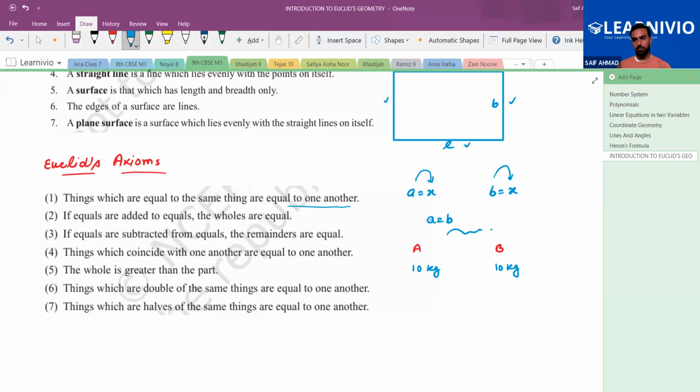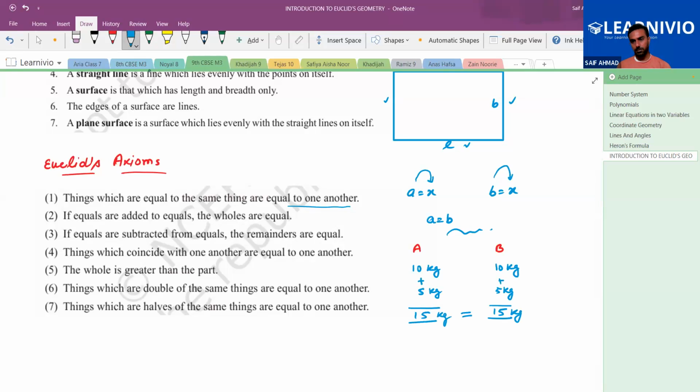Both gain 5 kilogram, or if we add 5 kilogram weight to these boys, what is the sum? 15. So here you can see that the wholes will also be equal.